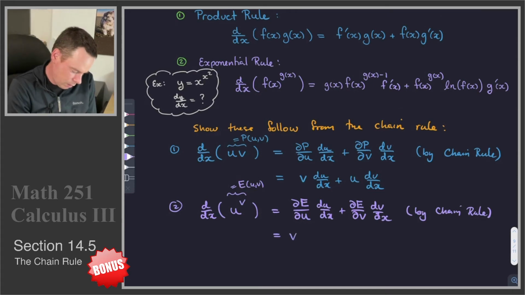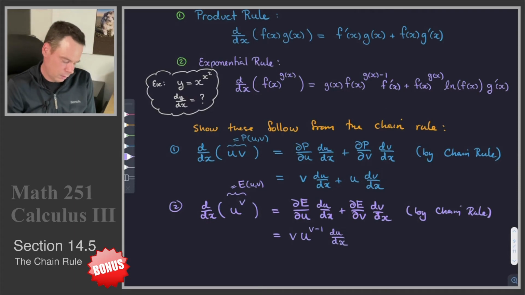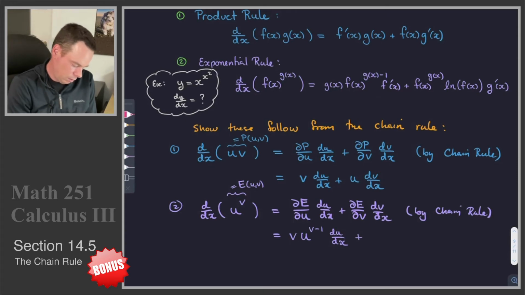So v comes down, becomes u to the v minus 1, and then that's times du dx. And then we add to that the derivative of E with respect to v, where we're treating v as the variable and u as the constant. So in this case, you can kind of think, if u is the constant and v is the variable, it's like 2 to the power of x or something like that.